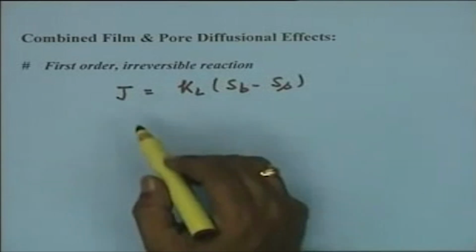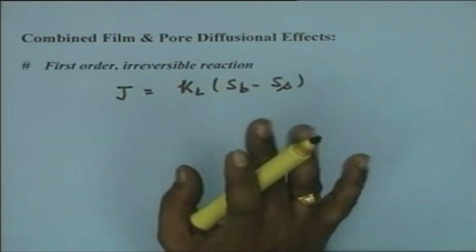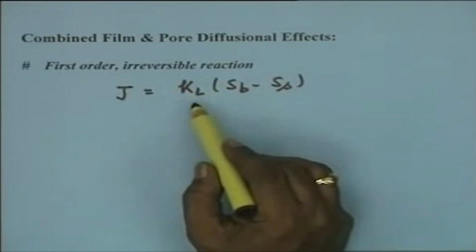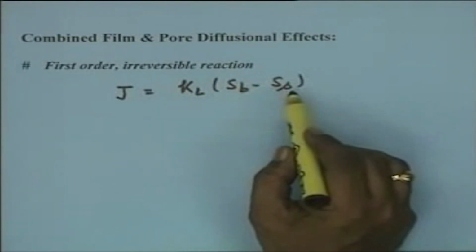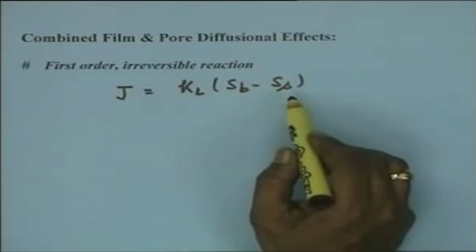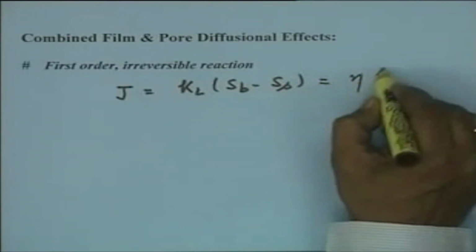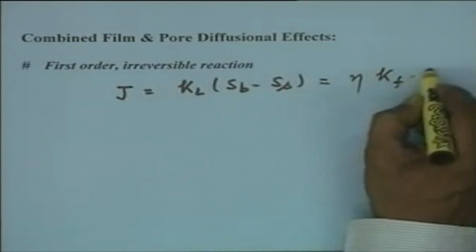You will recall that in external film diffusion the flux of substrate to the particle surface is given by KL, the external film diffusion coefficient, into the substrate concentration gradient developed in the film, and that will be equated to eta into Kf into SS.